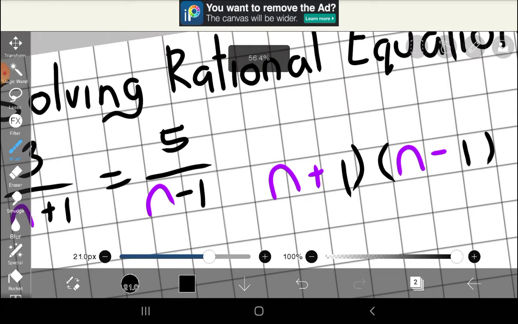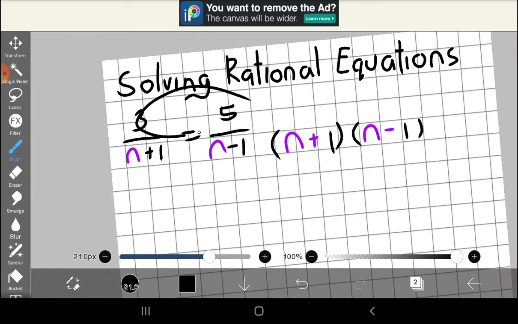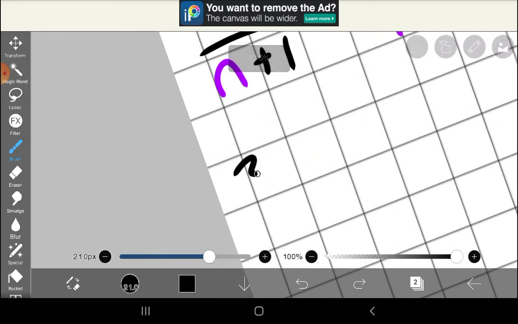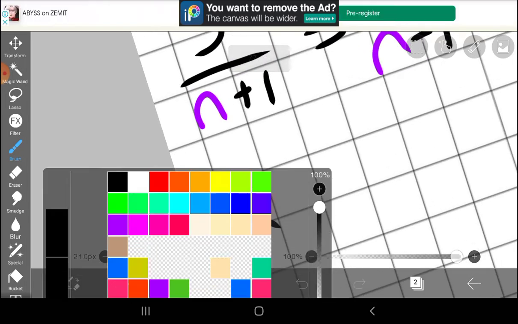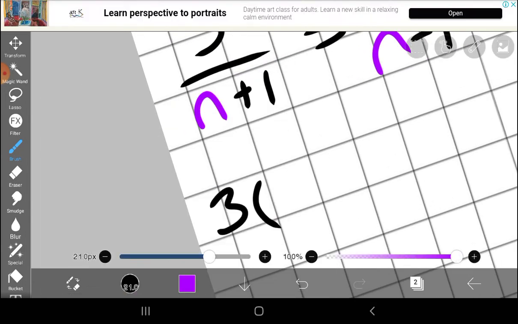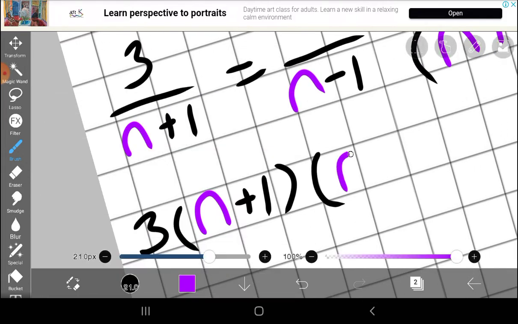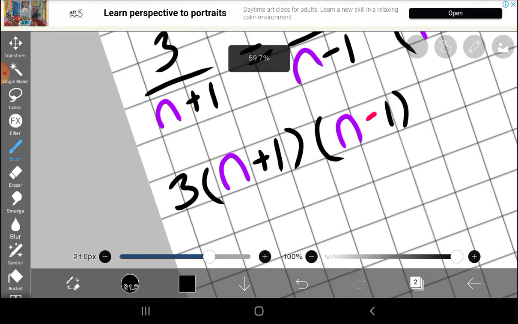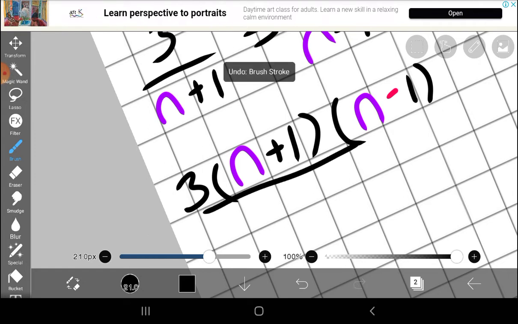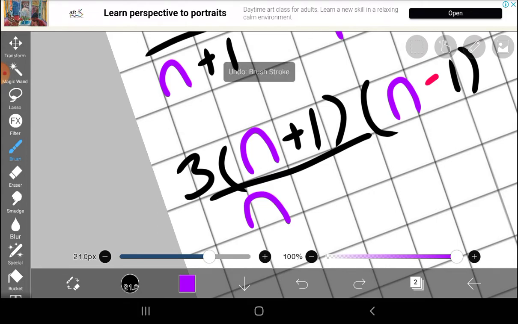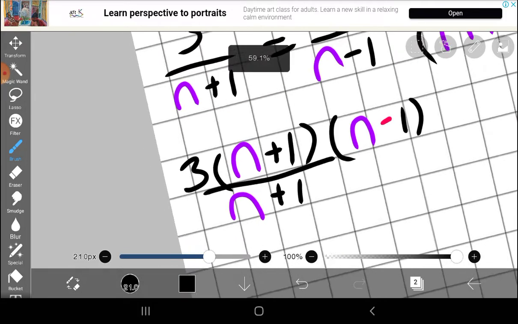We will multiply these on the numerator. So here, let's rewrite 3 multiplied by n plus 1 multiplied by n negative 1 over n plus 1.